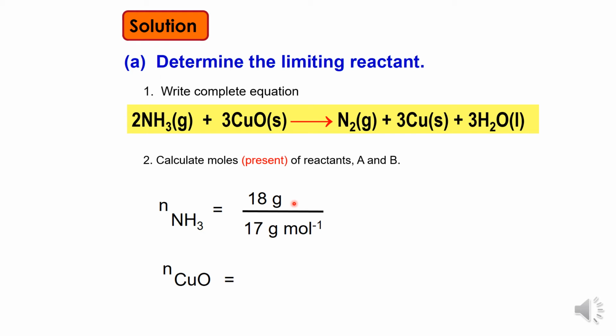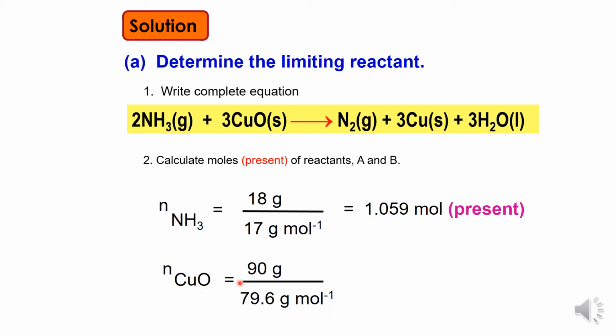How do we get 18 gram? This is from the information given. So the answer is 1.059 mole ammonia present. How about mole of copper(II) oxide? 90 gram, the mass already given, divided by molar mass of copper(II) oxide, 79.6 gram per mole.